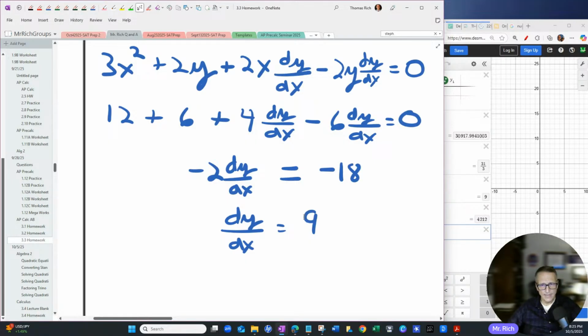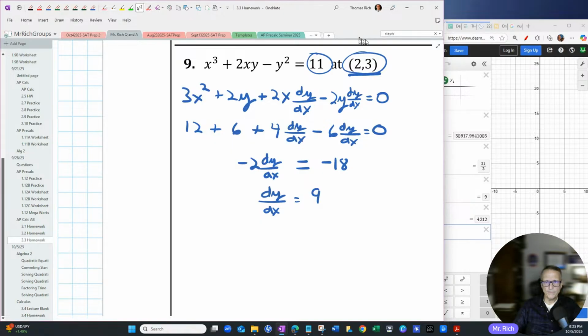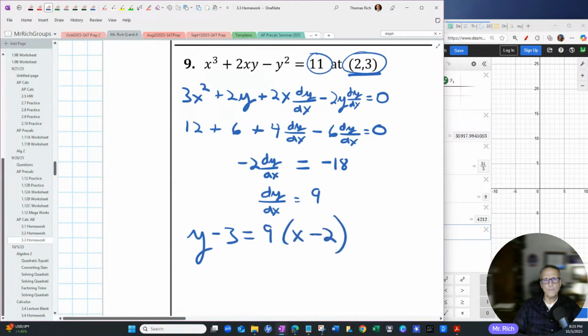All right, that allows me to go ahead and write the equation of the tangent line because we've got the point of tangency here. So that means we would do y minus 3 equals 9 times x minus 2, like that. Now let's see if we did this right.